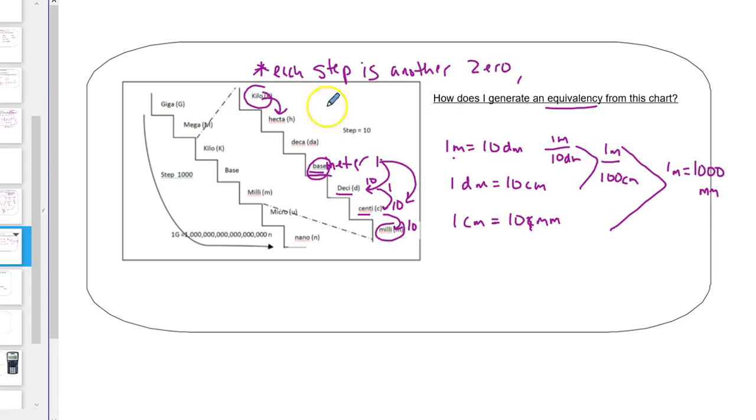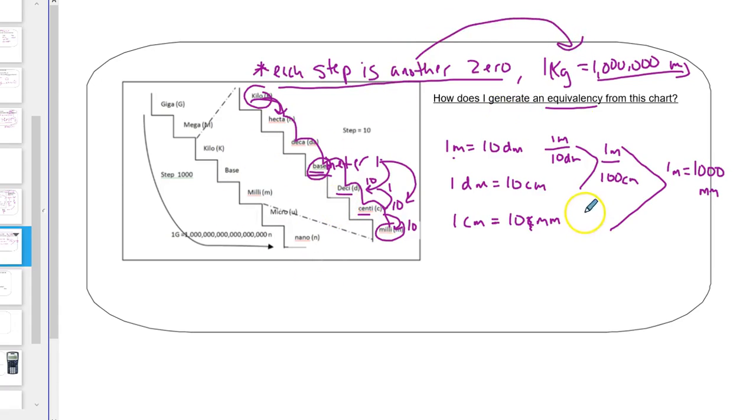So from the top all the way to the bottom, let's say 1 kilogram equals how many milligrams? Well, it's 1, 2, 3, 4, 5, 6. So 1 with 6 zeros. That is something a general student really trying to get a grasp on this equivalency could use to find that out.